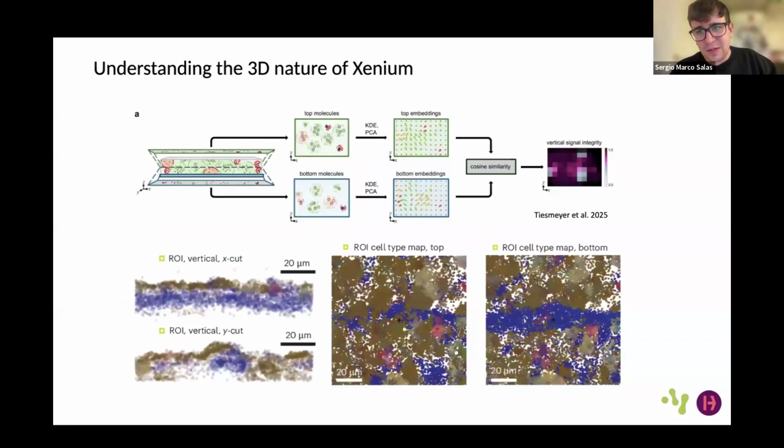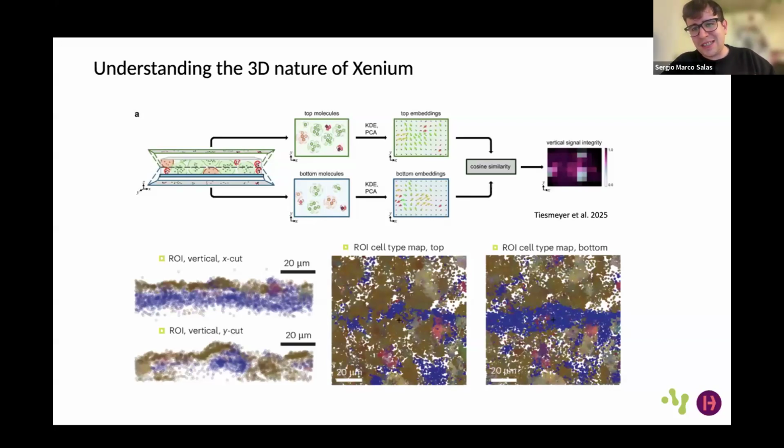And for this, we contacted Navity's Lab and developed together with them this tool called Overlaply, that basically tries to explore the Z dimension of these datasets. What this tool does is take the slide and divide the molecular composition of the slide into smaller slides, the top slide and the bottom slide, and create gene expression embeddings.